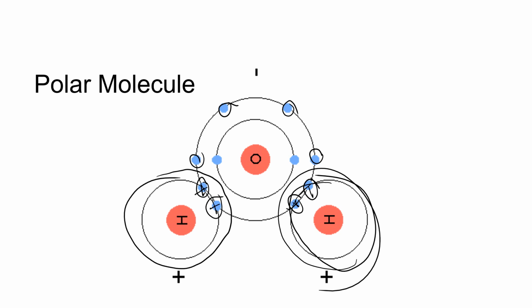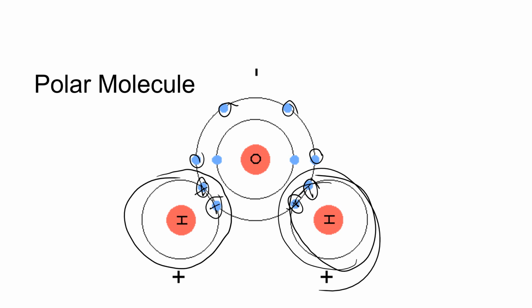So the 2 hydrogen atoms now have 2 electrons in their first shell, and the oxygen atom now has 8 electrons in its second shell. So we've created a very stable molecule through this covalent bonding. The atoms now have the number of electrons that they would like in their respective shells.